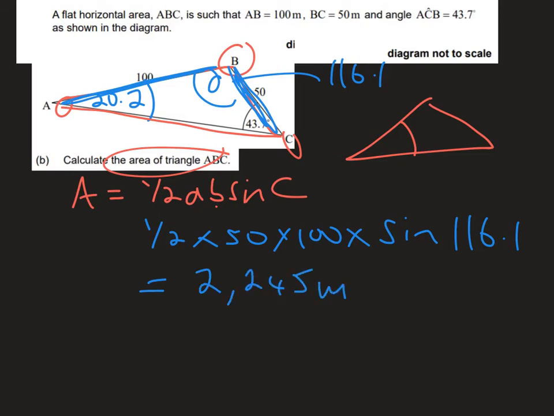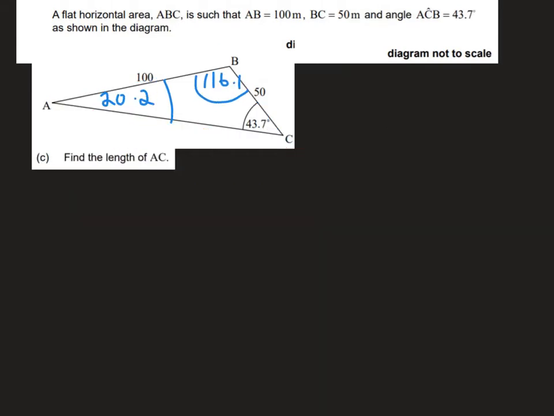2,245 meters squared. In part C, we're asked to find the length AC. Again, we can identify two pairs here. We've got this angle here, 20.2, and the side opposite it, and we've got 116.1, and we're being asked to find the side opposite it. The easiest way to work this out is to use the sine rule, again keeping the unknown at the top, which this time is the length.